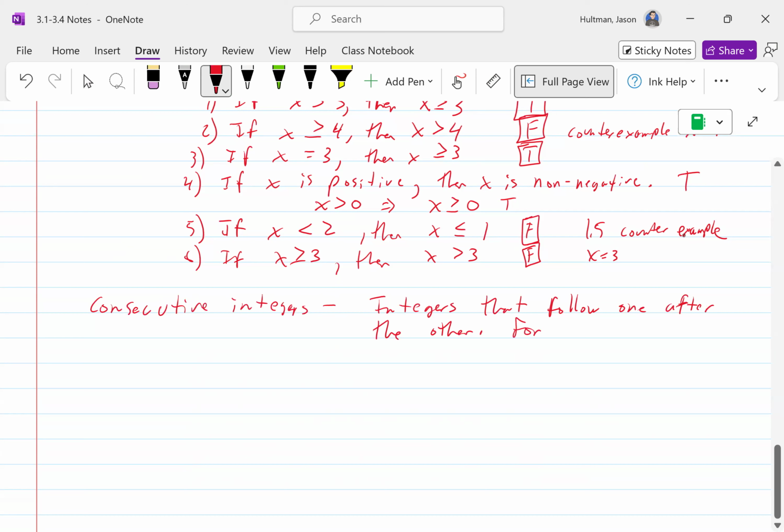For example, k and k plus 1 are consecutive integers if k is an integer.